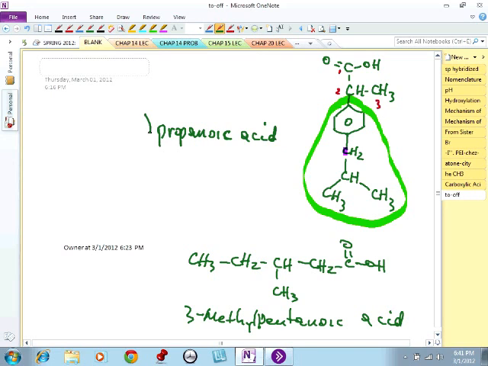Now, since we have a complex substituent, we put it in parentheses. What position is that substituent? Position number 2. So we're going to say 2, then parenthesis. This alkyl group here is the isobutyl group.